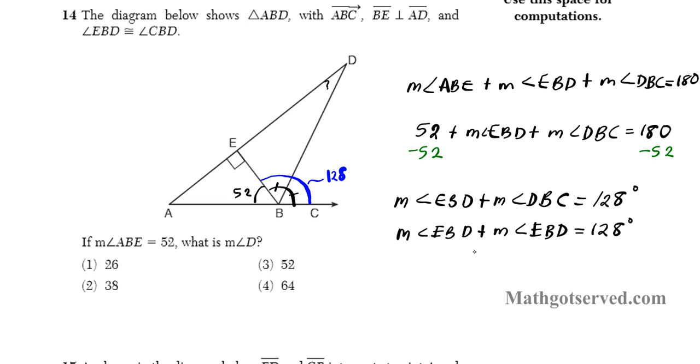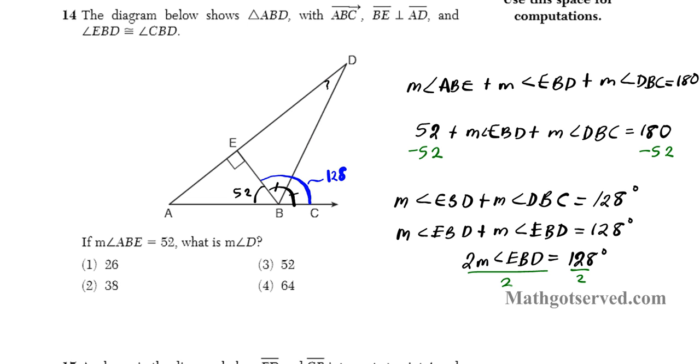Since they're both the same, if you double the measure of angle EBD, you get 128. So what does that tell me? If I divide both sides by 2, that will give me the measure of angle EBD.